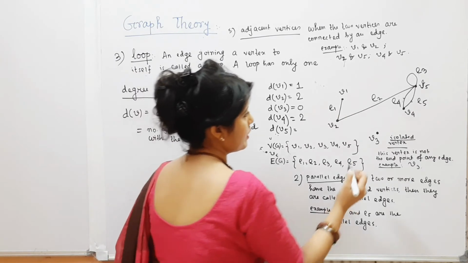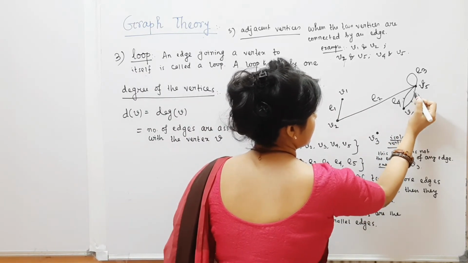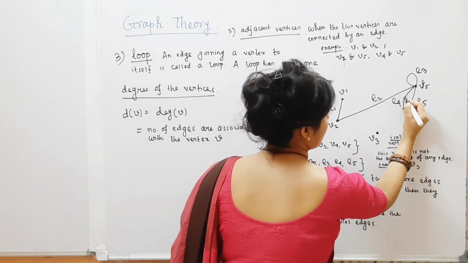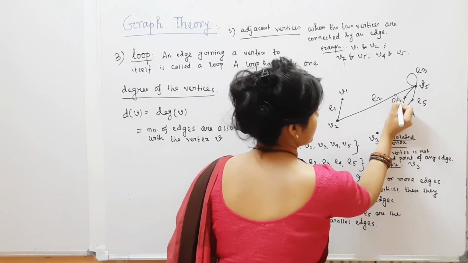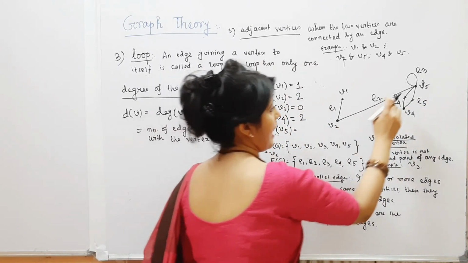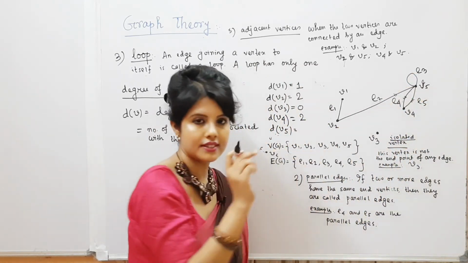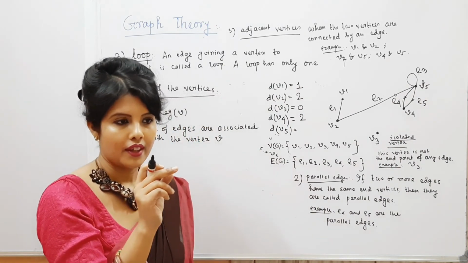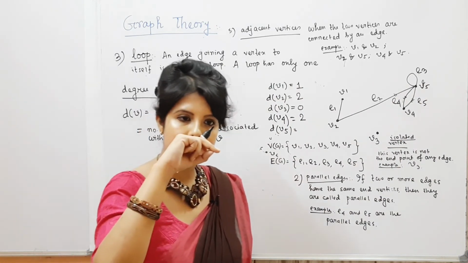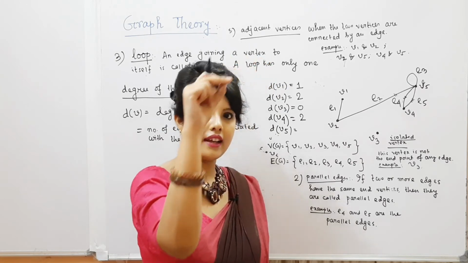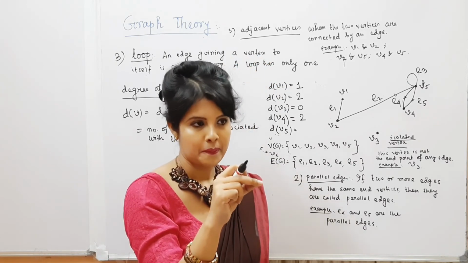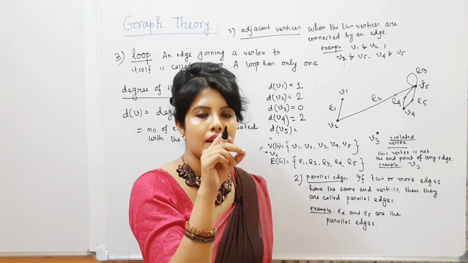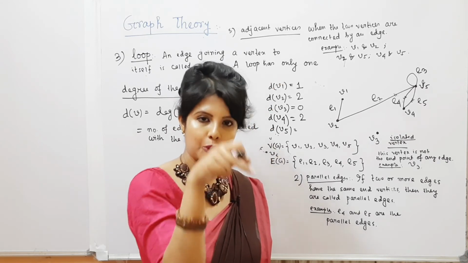Degree of V5, look at that, there are 1, 2, 3 edges, and whenever we are considering a loop, the edge starts from V5 and ends at V5. So V5 is the only end vertex for a loop.